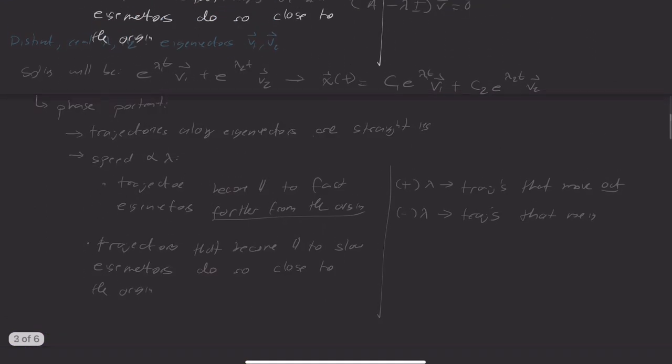Okay, we also have the case of repeated eigenvalues. So find your one eigenvalue and your one distinct eigenvector.